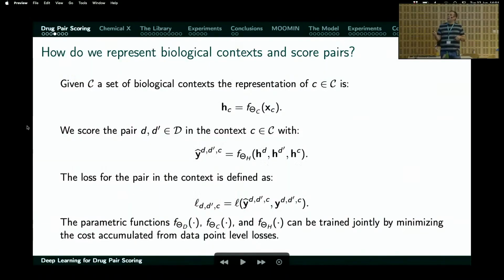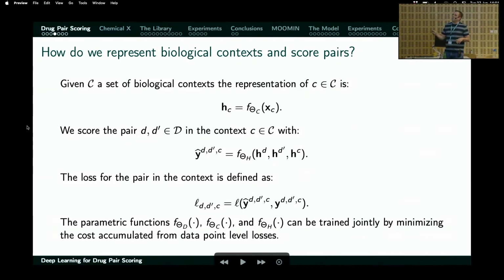And then you have, again, an encoder parameterized by theta c, which is specific to that context. And then finally, for outputting a score for the pair defined on this drug set and context set, you just have a head layer which takes the input of the encoders that you had here.